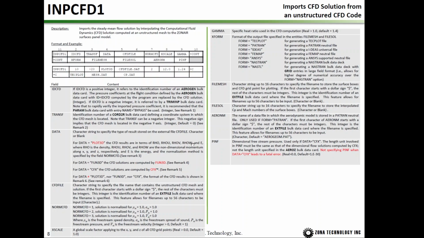PINF: if the data equals CFX, because the CFX solution is dimensional, you have to specify the dimensional free stream pressure. Then ZONAIR can convert this dimensional flow solution into non-dimensional.